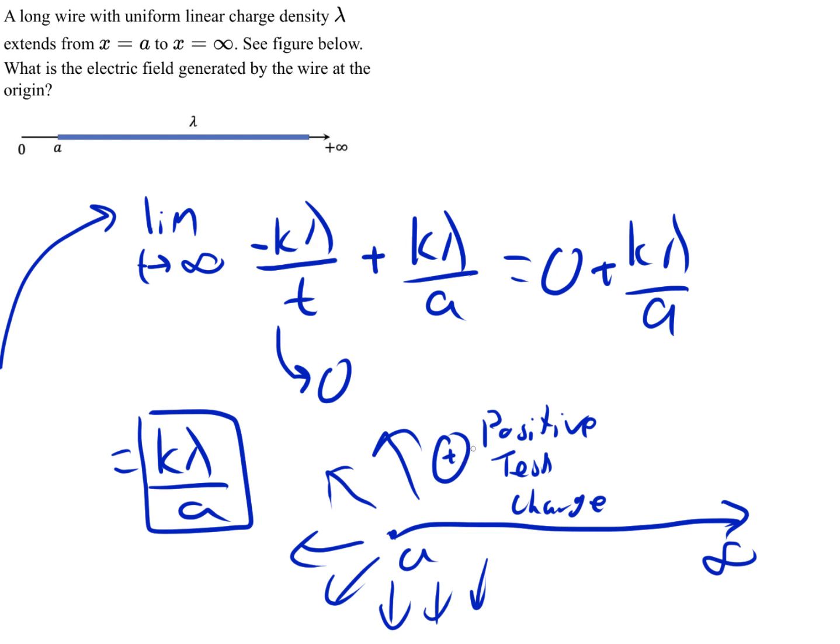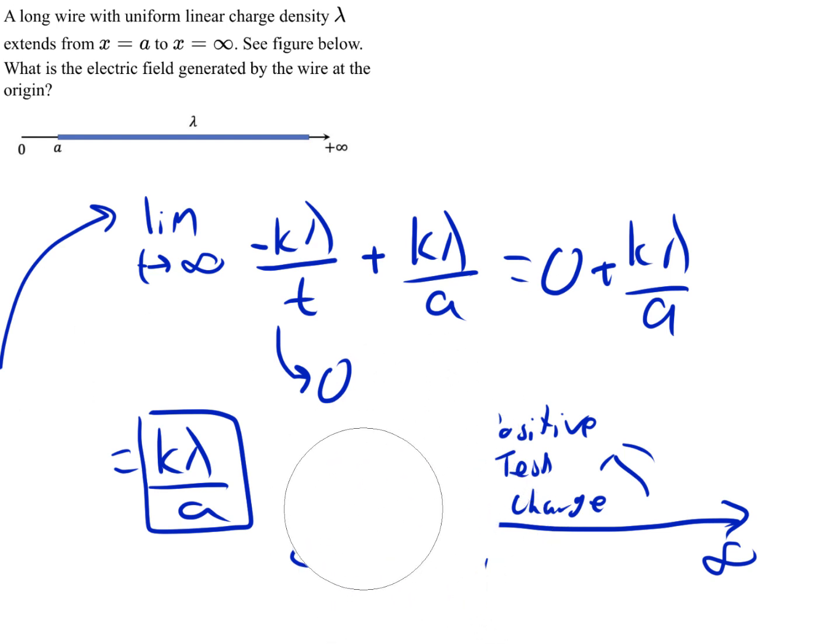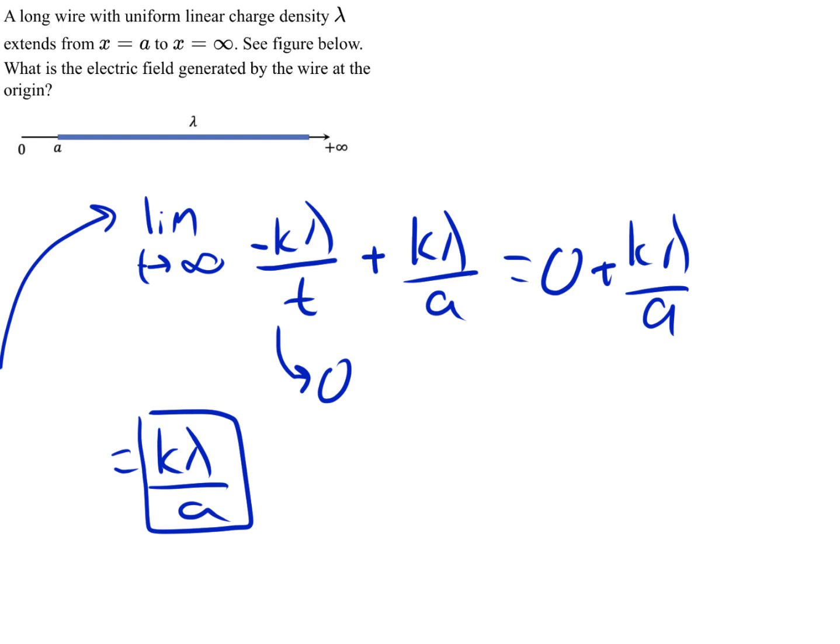If we use that, the charge would be repelled from the wire, so the charge would be going towards the left, since the wire extends towards infinity and repels it. So the electric field is given by the Coulomb constant times the linear charge density divided by a, and it is going to point to the left. And that is how you would solve this problem.